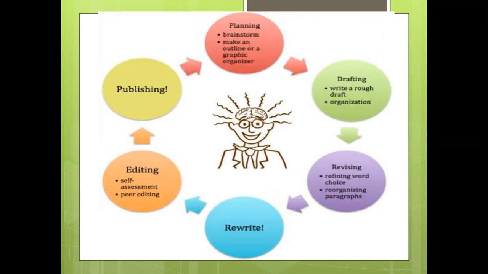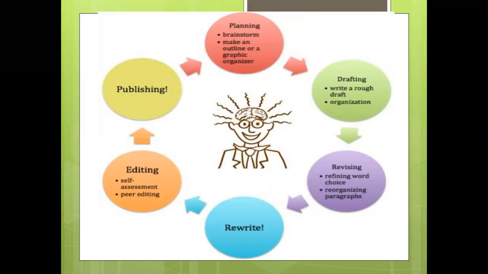Before starting to write, the writer should plan: brainstorm, make an outline or a graphic organizer. Then, after generating the ideas, the writer should write a rough draft and organize the ideas of the planning in a rough drafting style.